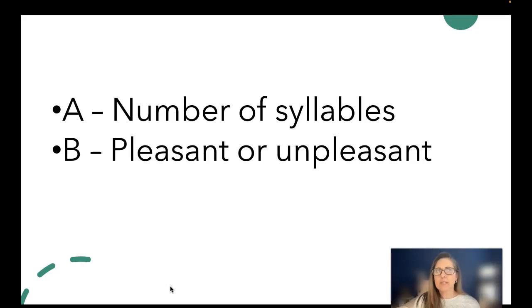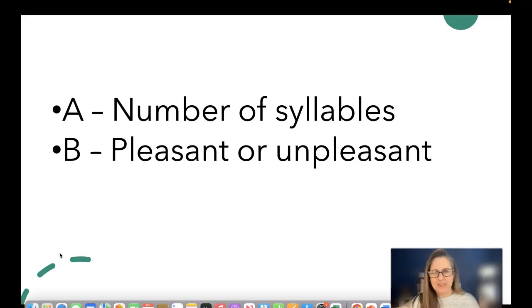So if I were to say number 1, B, sweater, then you make a determination, is the word sweater pleasant or unpleasant? And then on your paper, out beside number 1, you would write either a P or a U for pleasant or unpleasant, depending on which you think it is.